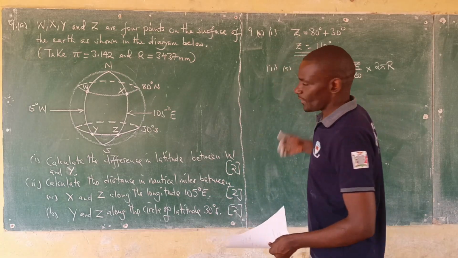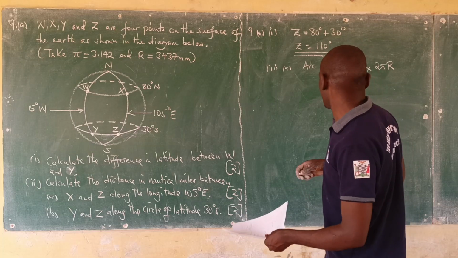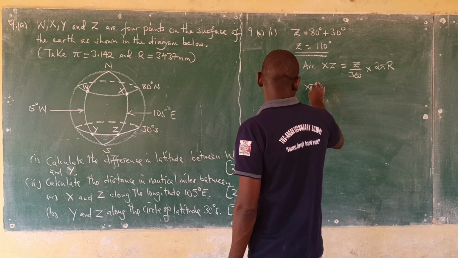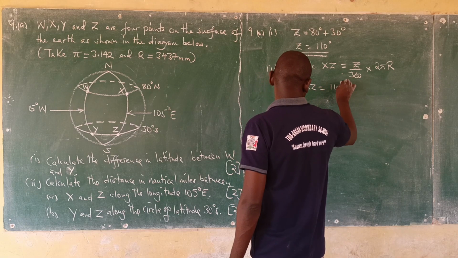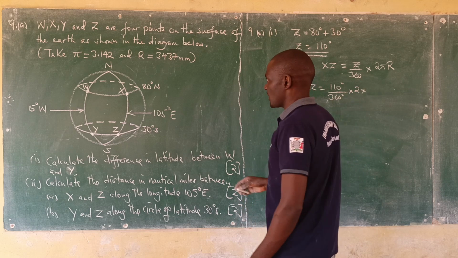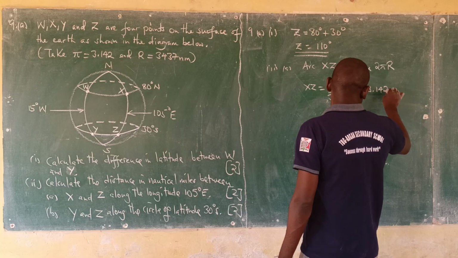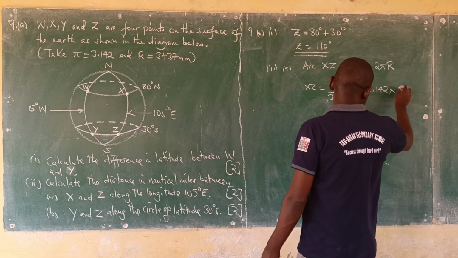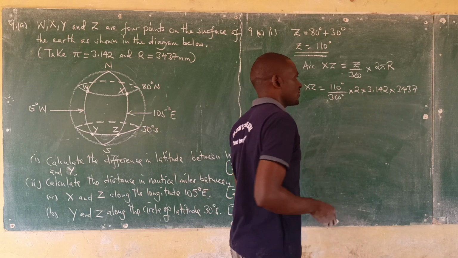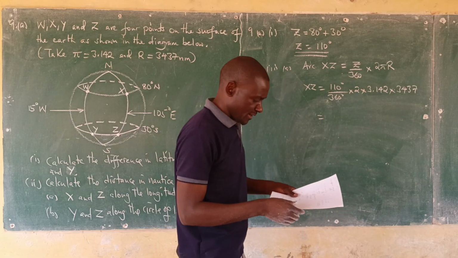Remember to know where you can use this formula and the other formula that we'll see later on. So our Z is 110. So we say XZ is equal to 110 over 360 times 2, our pi is 3.142, and then our radius is 3437. So we just have to multiply. You can use your calculator to multiply that one.